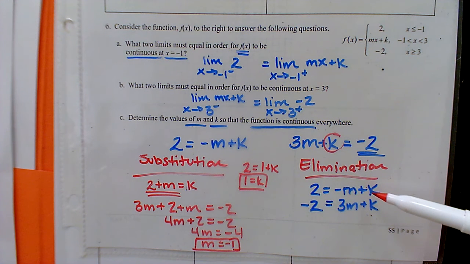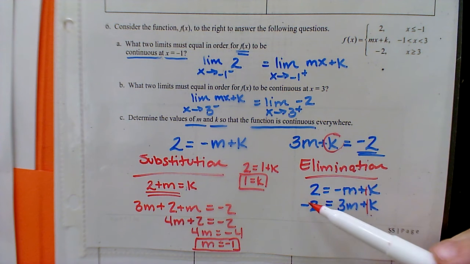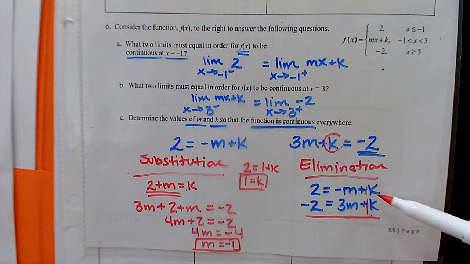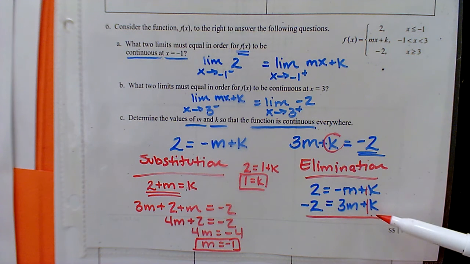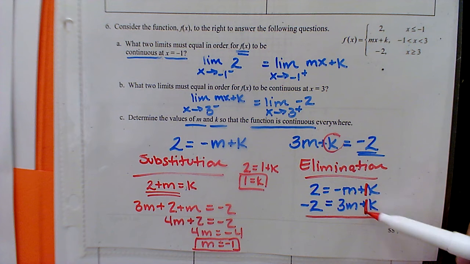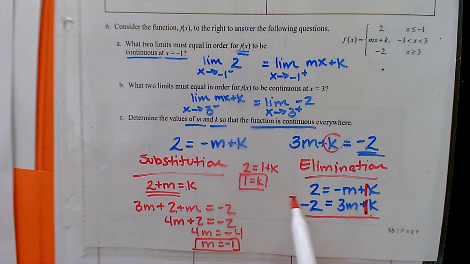Now what's nice about this setup is notice the coefficients in front of the k's are both 1, right? If they weren't, we would have to multiply everything by something. Is that coming back to us a little bit? But they match, no issue there. So in order to eliminate k, we take this 1k and subtract the other 1k.